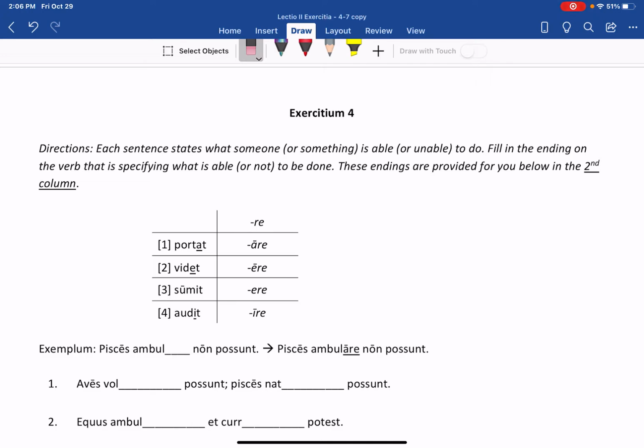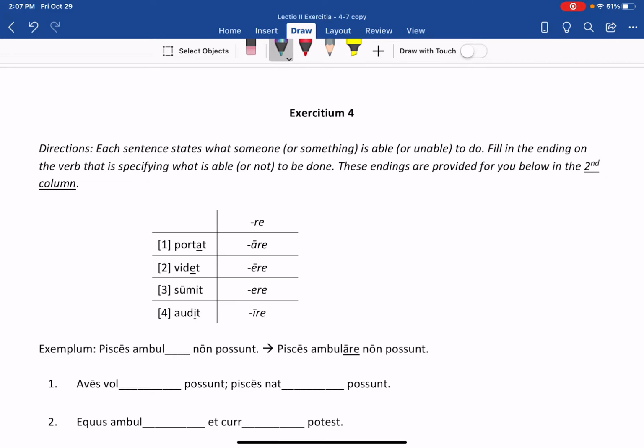Please join me as we review the usage of the infinitives in Exercitium 4 and Exercitium 5. Bene. So in this exercise, you were to fill in the blanks only with the infinitive forms. If you remember from the last few days of class, the infinitive forms are translated into English usually with a "to."